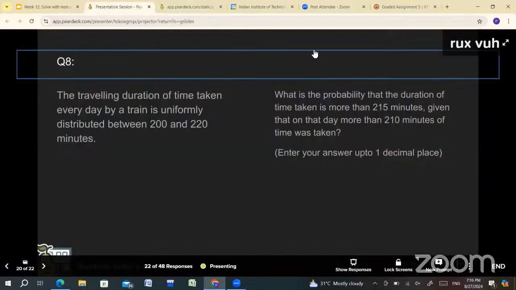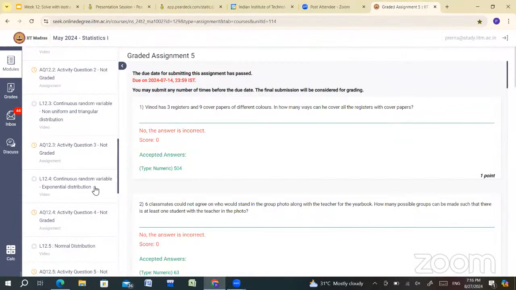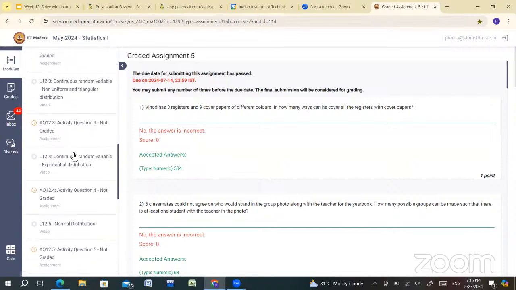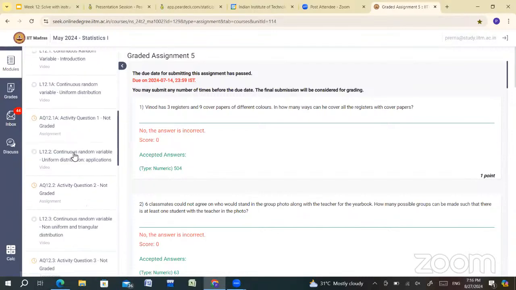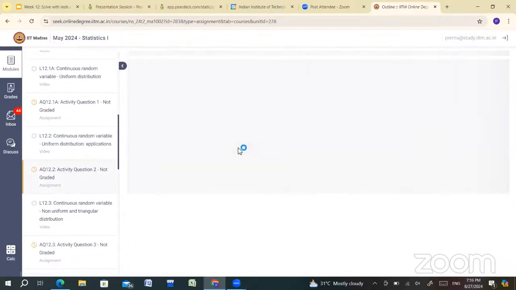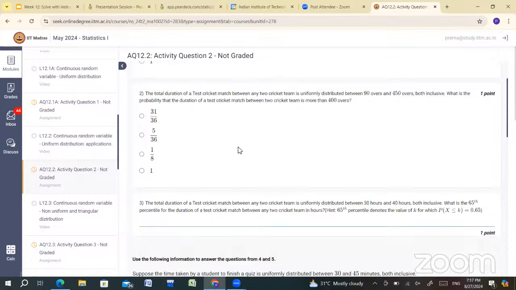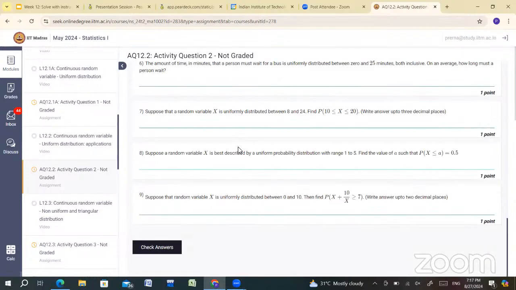First ask the activity question, then we will move on to the next. Ma'am, 12.2, question number 9.